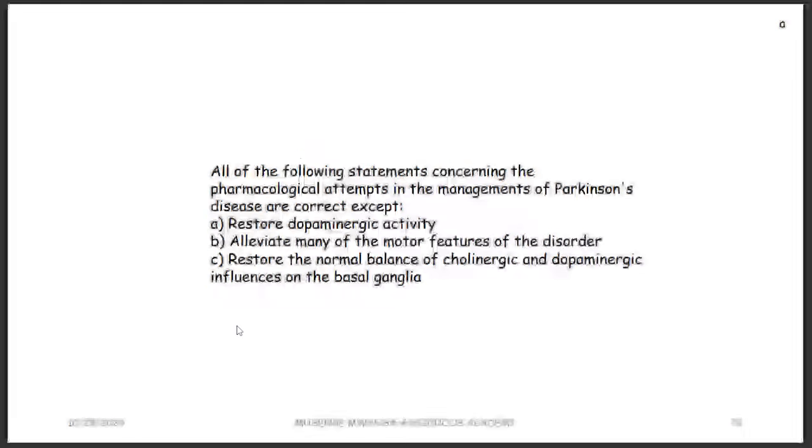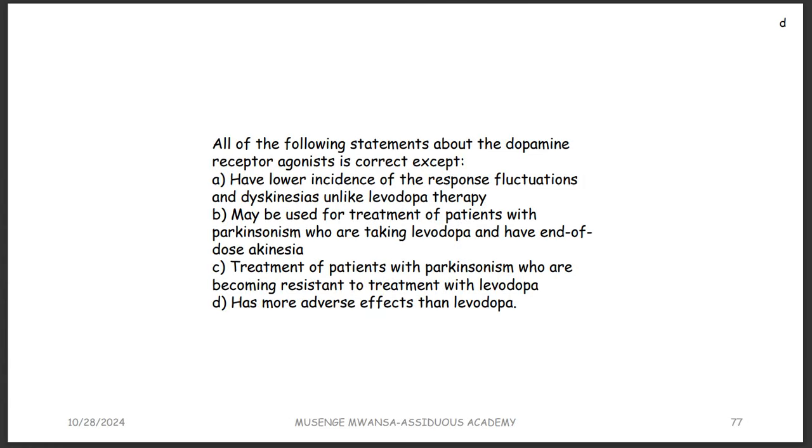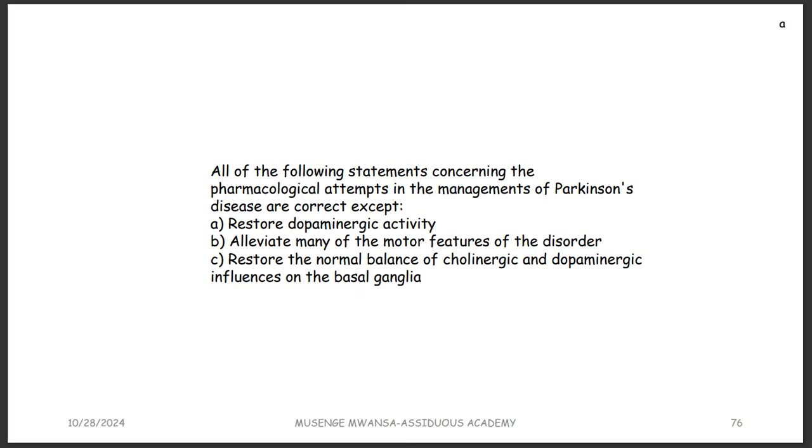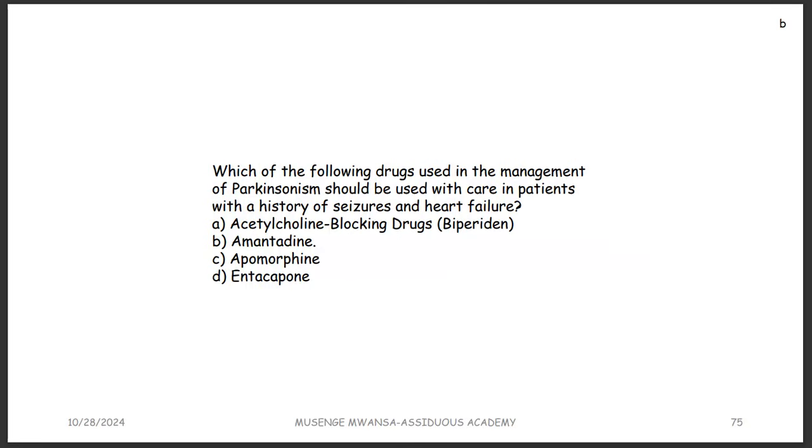I'm hearing D, but do we have D here? So this one is one option, isn't it? Restore the normal balance of cholinergic and dopaminergic influences on the basal ganglia. Oh, B. Yes. So alleviate many of the motor features of the disorder. Really not. You don't want to worsen the condition. This one, it was amantadine.